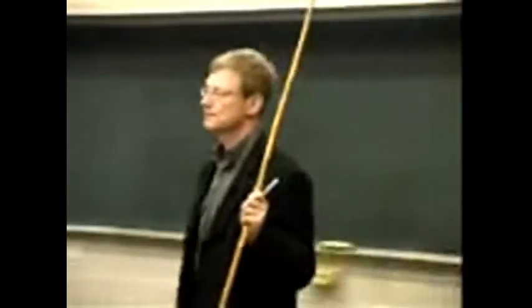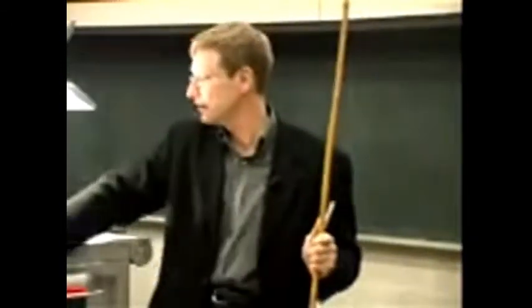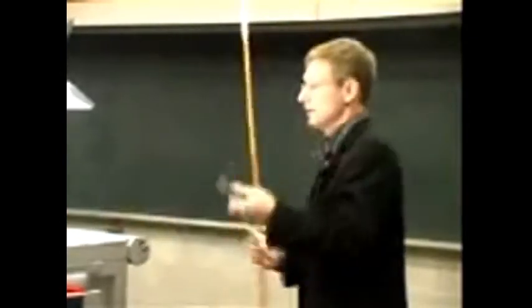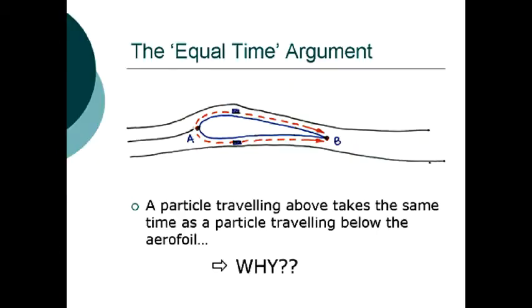The next is another one of these that I sometimes got asked when people have heard about this explanation, and that is what I call the equal time argument. Going back to the picture, it was stated that if we have two streamlines, one along the lower surface and one along the upper surface, and the streamline pattern looks fine, we've just seen that.